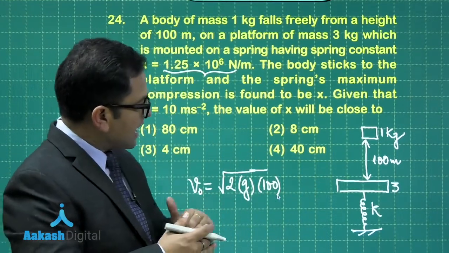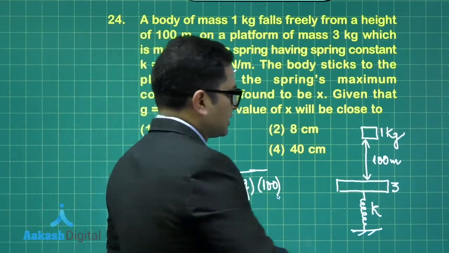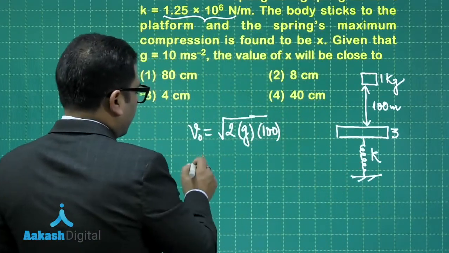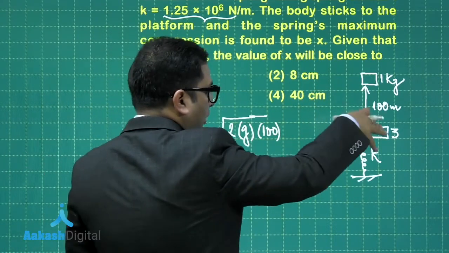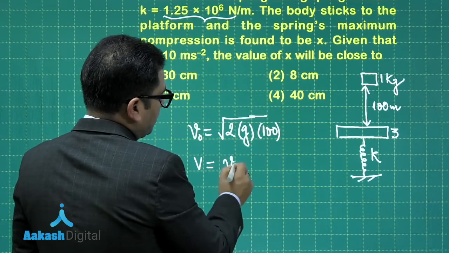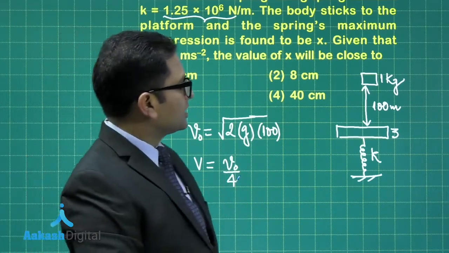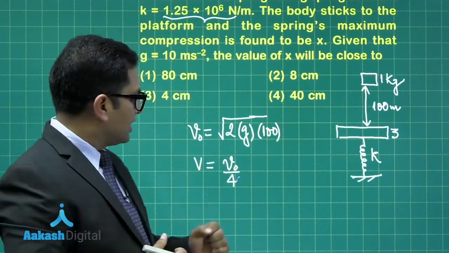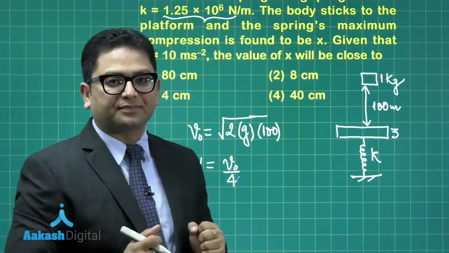And immediately after the collision, if we would like to calculate the speed, one can use linear momentum conservation, and so easily what I can calculate is V is the speed of the combo blocks immediately after the collision, and that is going to be V0 by 4. That's straight away from linear momentum conservation. 1 into V0 is 4 into V. So you get the value of speed just after the collision.